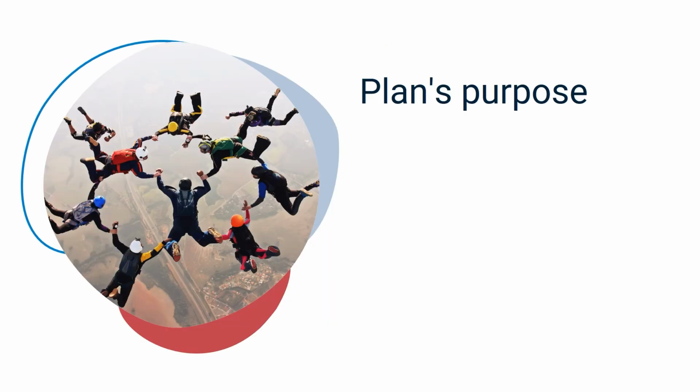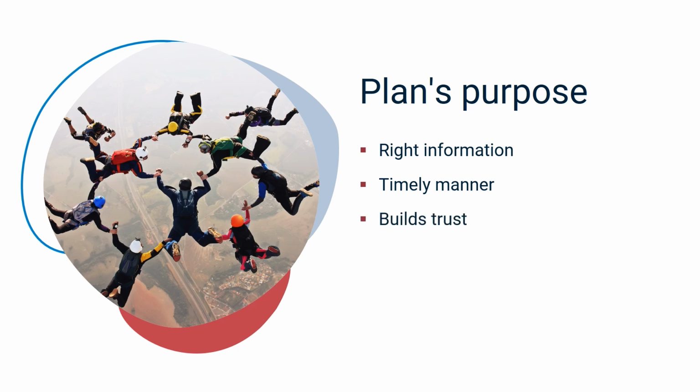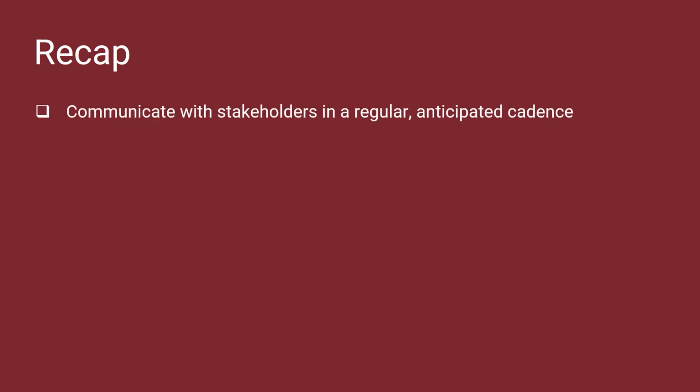The Program Communications Management Plan will organize your stakeholder engagement by ensuring you provide the right information promptly. These planned communications reassure and educate your stakeholders, building trust in you and your program. In this video, you learned that to keep stakeholders engaged, you should communicate with them in a regular, anticipated cadence to reassure, educate, and manage their expectations of you and your program.